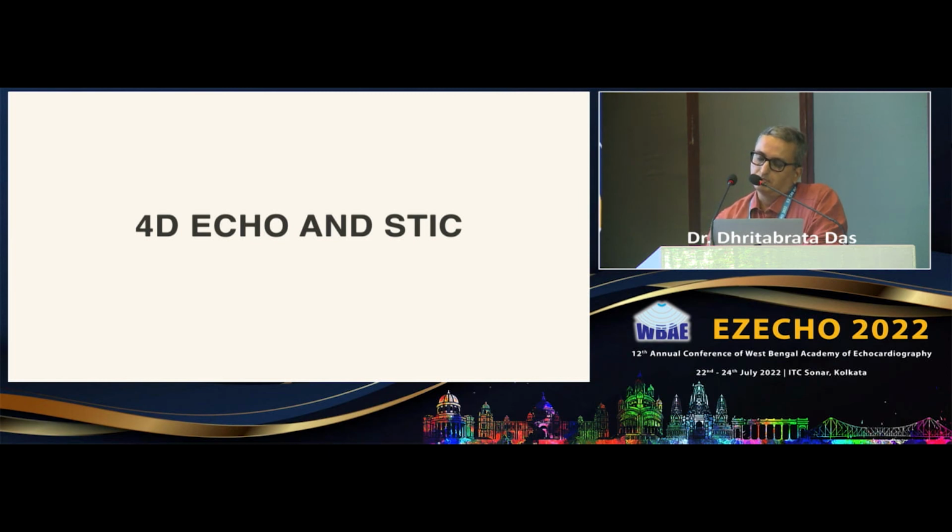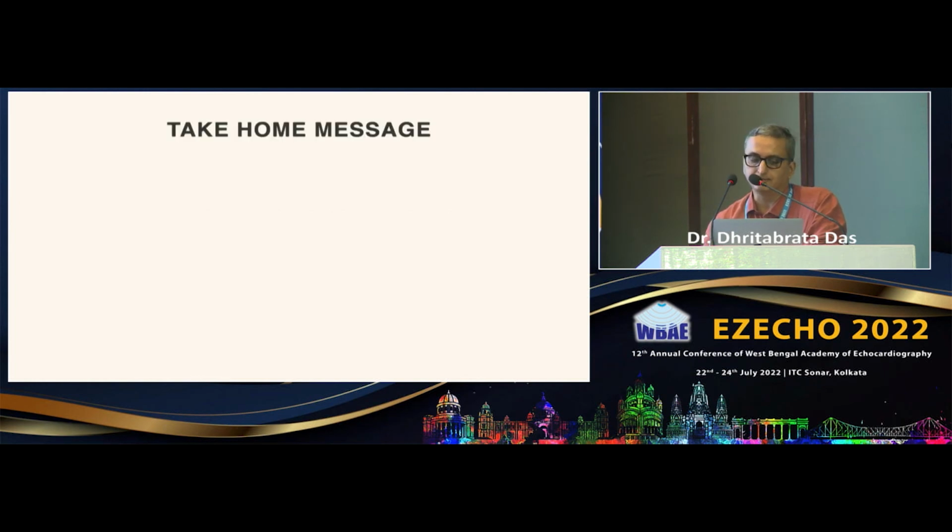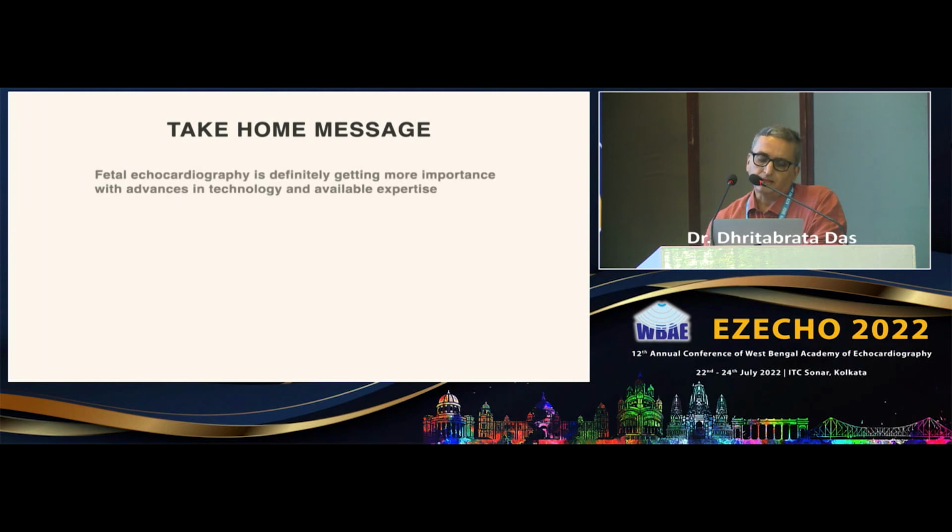But the basis of any advanced imaging technique is a very good 2D image. If we get a very good 2D image, and we put a color flow mapping and use the Doppler as we have discussed in my presentation, I am sure that you will not miss any major cardiac abnormalities. So definitely it is getting more importance with advances in technology and available expertise. It is preferably done between 20 to 24 weeks of gestation.